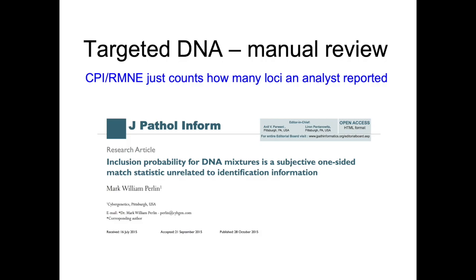It's not correlated with information. As described in a research paper based on crime lab data, published 5 years ago, as the title states, inclusion probability for DNA mixtures is a subjective, one-sided match statistic unrelated to identification information.